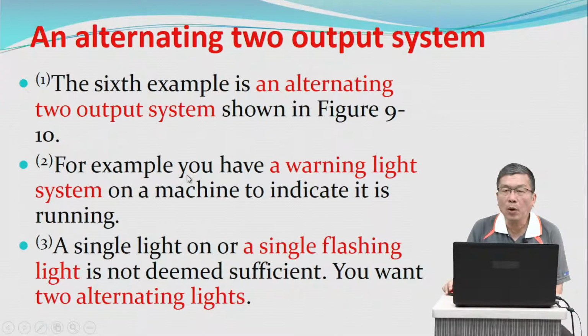For example, you have a warning light system on a machine to indicate it is running. A single light on or a single flashing light is not deemed sufficient. You want two alternating lights.